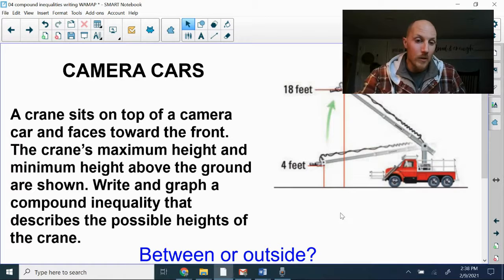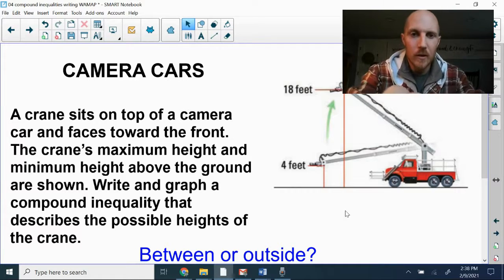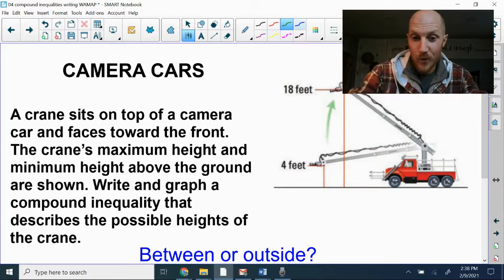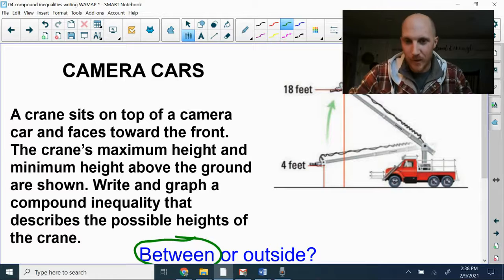So before we do anything else, let's think about, would this be a between kind of situation, or an outside of two requirements kind of situation. So the camera could go anywhere between 4 feet up to 18 feet, right?